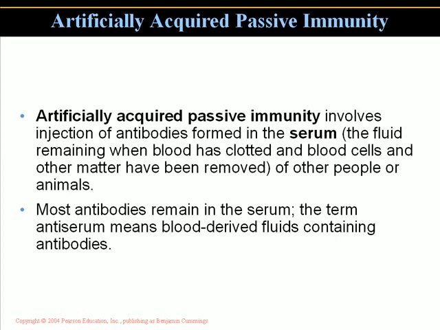The immunity was developed in somebody else, another human or an animal, it can be either one. But you want to get that antibody out of the serum and give it to individuals so they don't get sick.